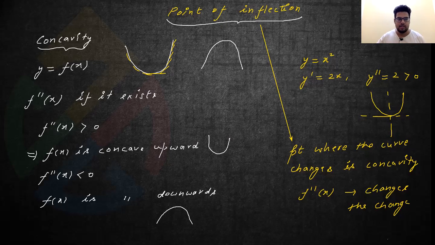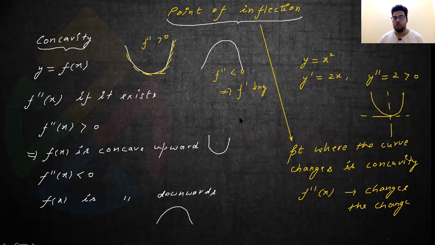So in this case, we have the double derivative positive, and here the double derivative is negative. It is concave downwards. So double derivative negative implies f dash is decreasing. The slope of the tangent at every point is decreasing. Here it is positive, positive, less positive, then it becomes zero. Then the derivative becomes negative, more negative, right?